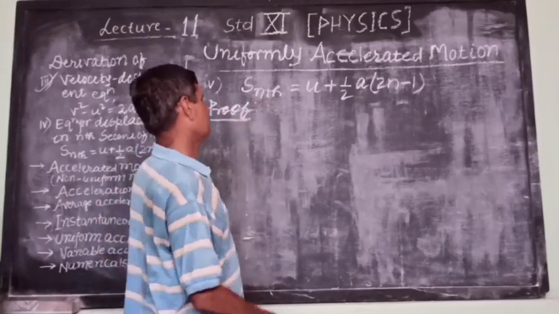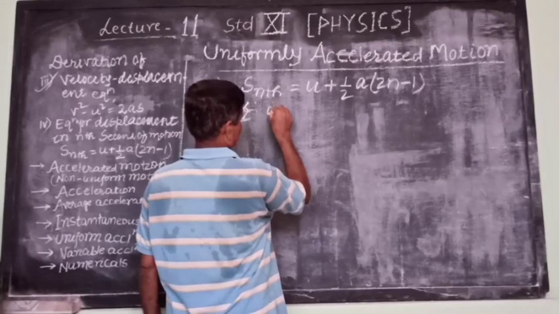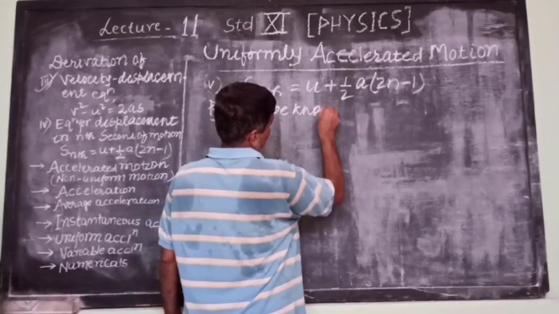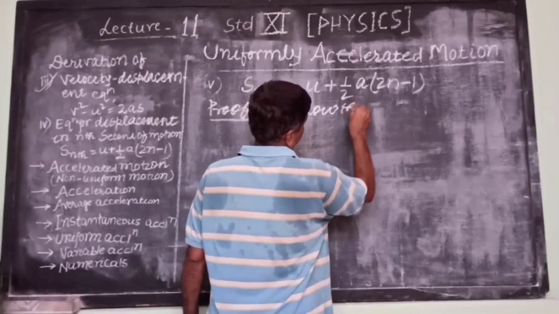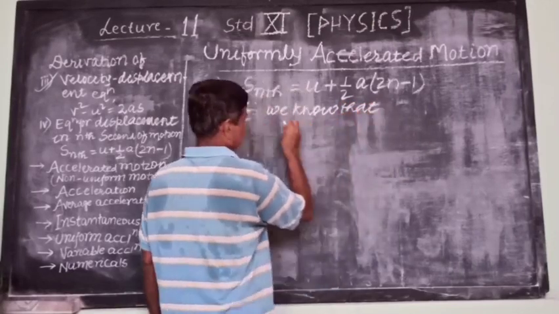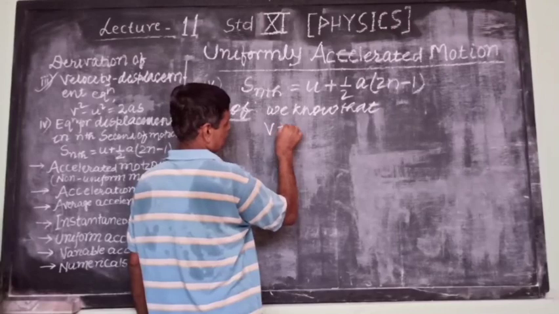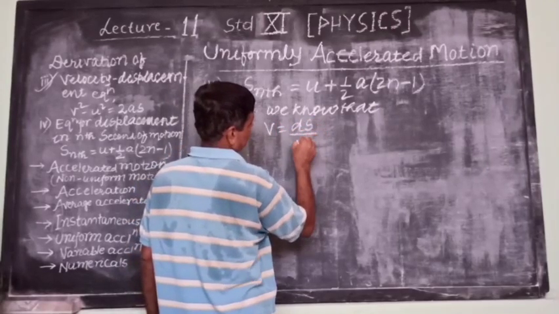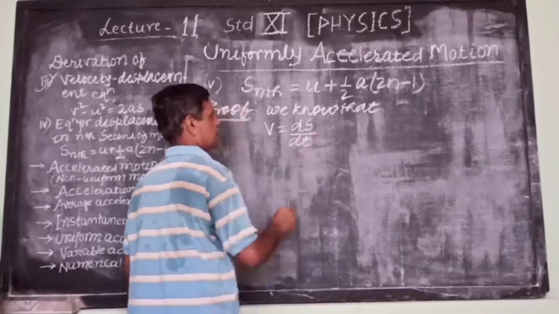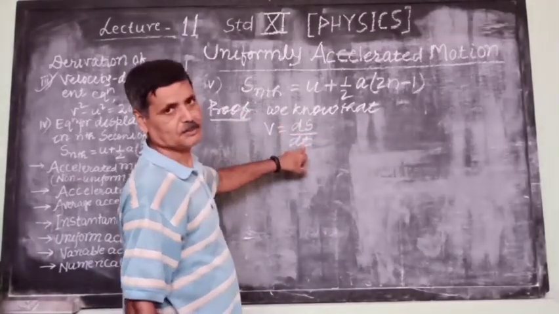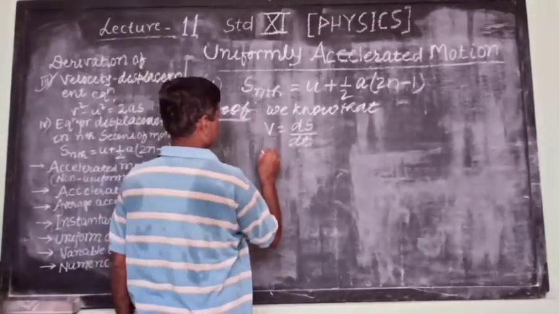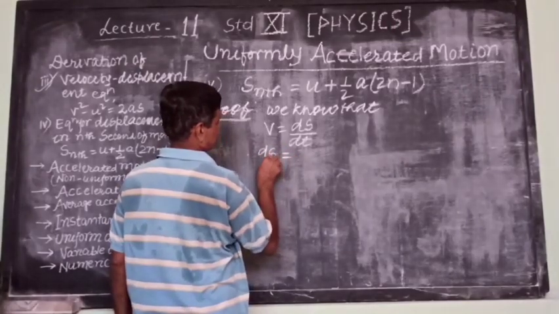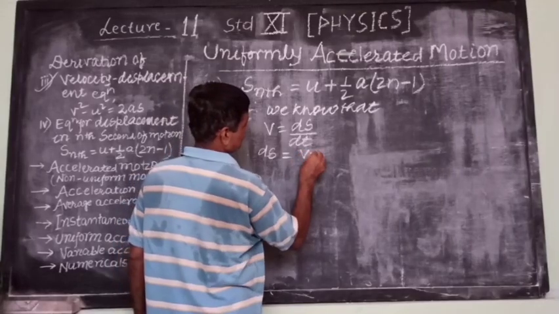We already know that velocity can be written as v is equal to ds by dt, displacement by time. So ds can be written as v into dt.